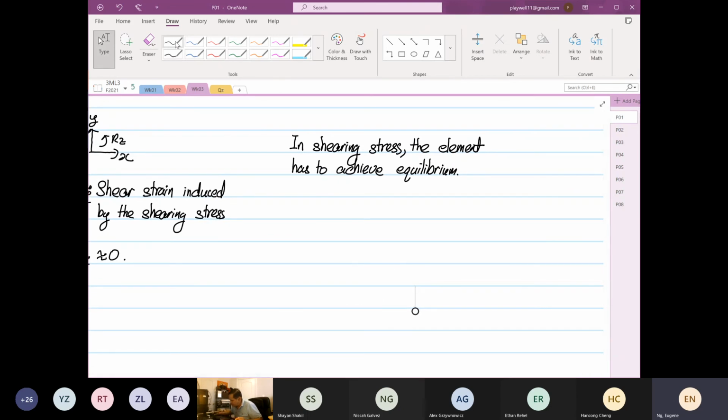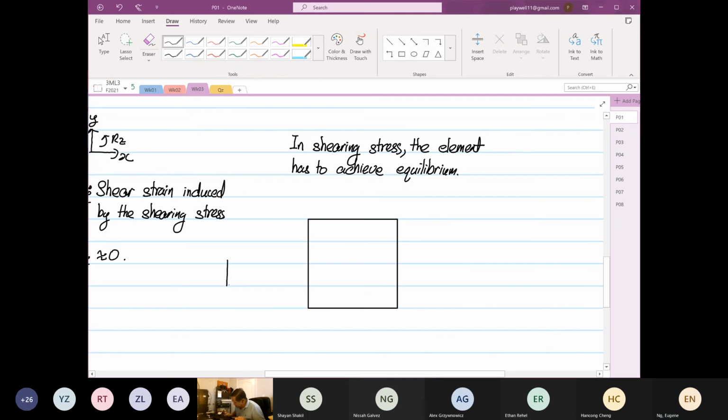If this is our element, and this is our transformation, and this is our applied force in Py, then over here we know that this is shear XY direction.